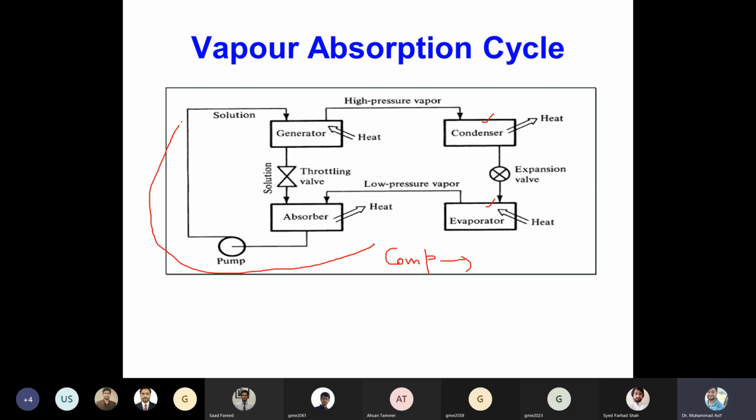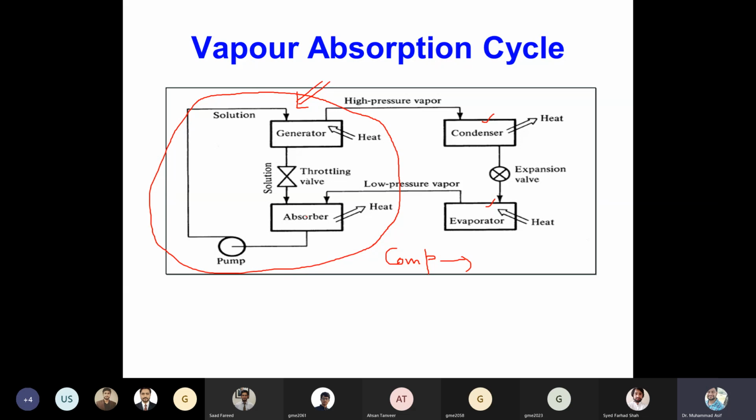Basically this is a compressor for the vapor absorption cycle, but this compressor is a thermal compressor. Basically the objective of the compressor is to increase the pressure of the vapors. Similarly, this is a mechanical compressor, and this is called the thermal compressor. It is also used to increase the pressure of the vapor.